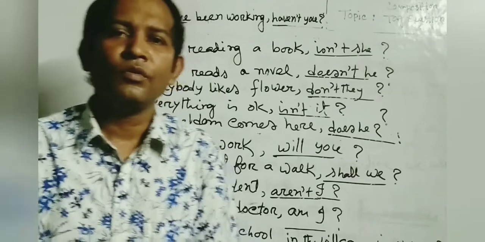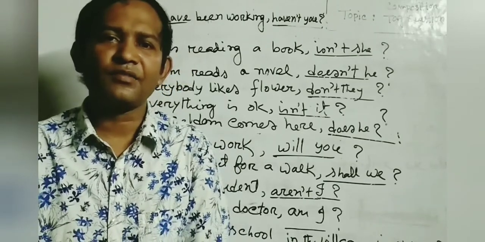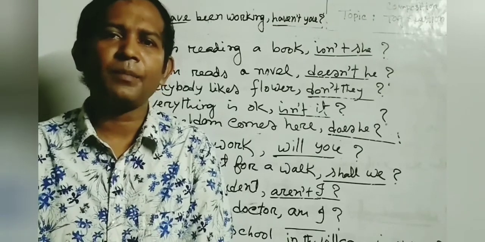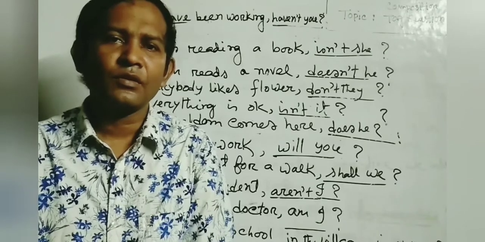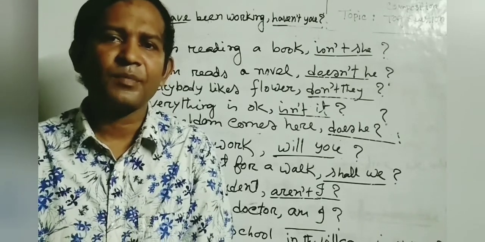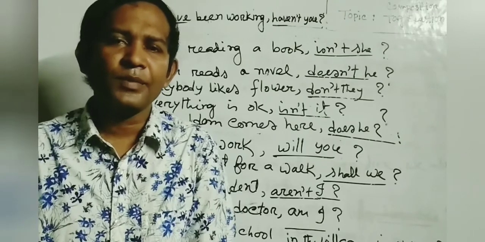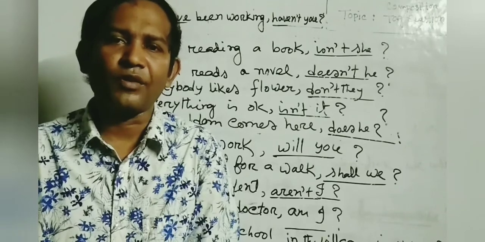Students, we use an affirmative interrogative tag in sentences with negative meaning, but with an affirmative verb. This sentence usually contains words such as barely, hardly, neither, seldom, few, little, and so on, which are negative words.